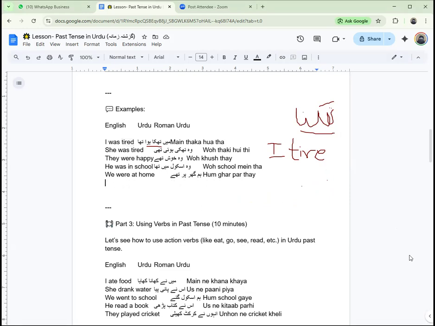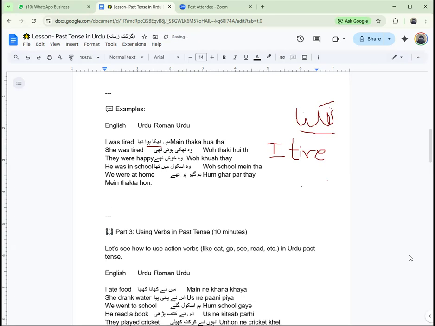मैं थकता हूँ. This is the present tense, and for present continuous, मैं थक रहा हूँ.